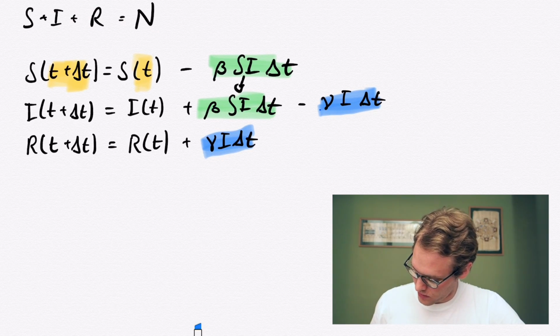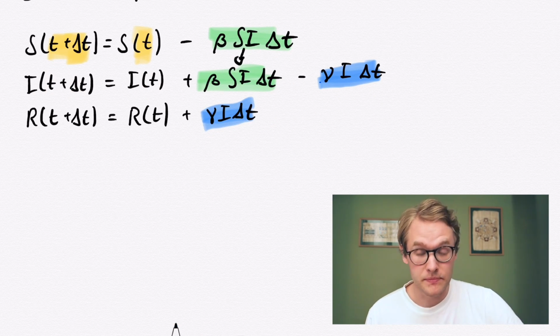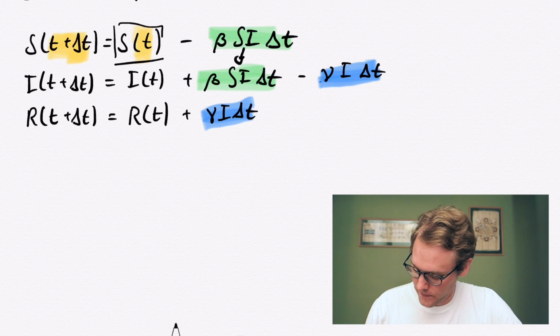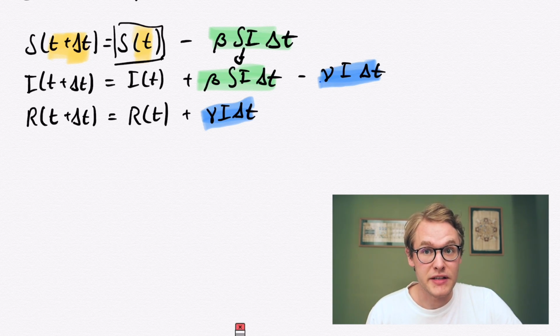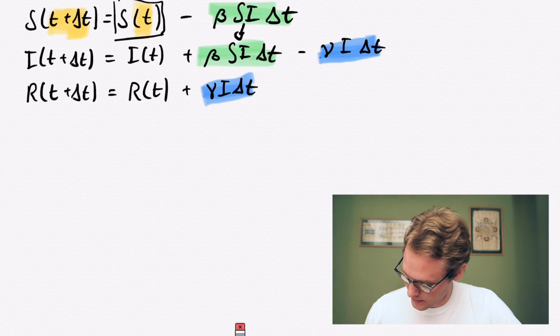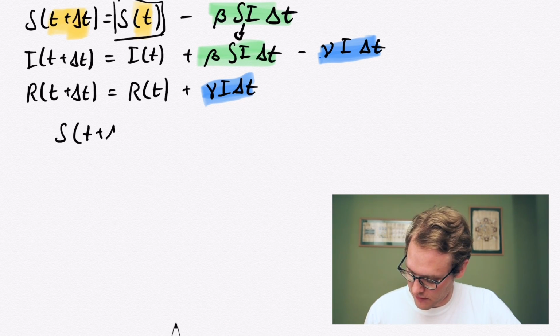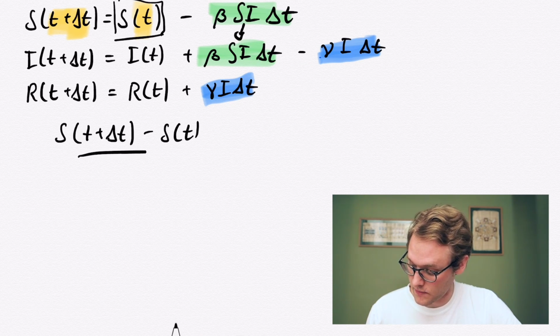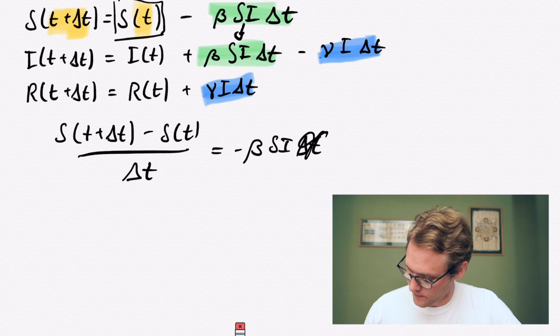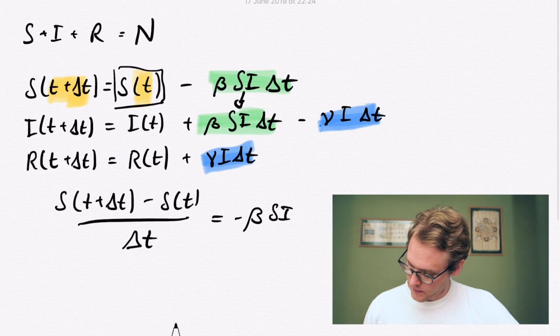And what we can do is, as you probably can see, if we move the current value over to the left-hand side by subtracting it from both sides and divide by delta t, we get the definition of the derivative, like so. So the first equation becomes this. Oops, we divided by delta t. There we go.